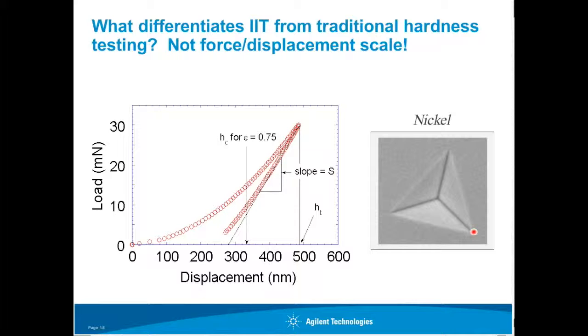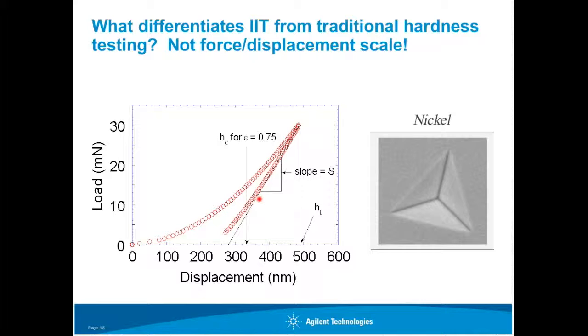The second major benefit is that the elastic recovery during withdrawal allows us to get at the elastic properties of the material, which is really useful and really unique compared to traditional hardness testing.